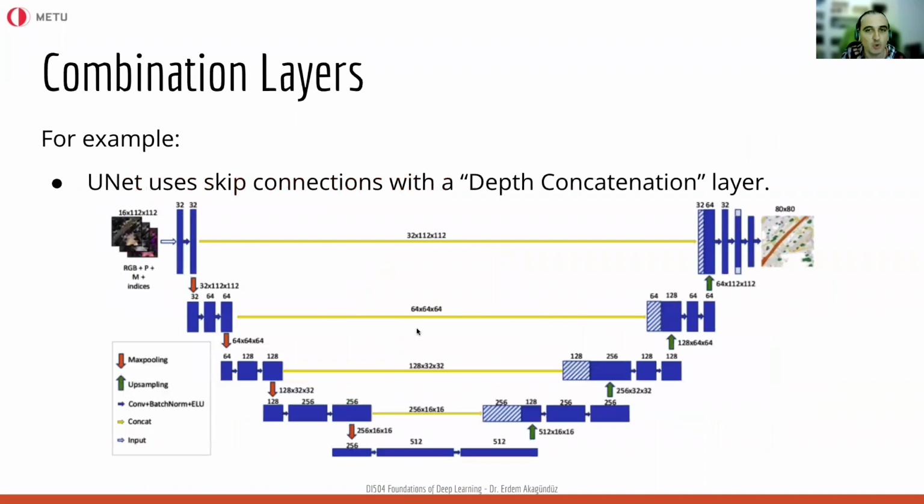For example, in UNet, which we're going to cover in the practicum session, you have these activations, which, for example, if it is n by 32, you send all the activation values, the activations themselves.